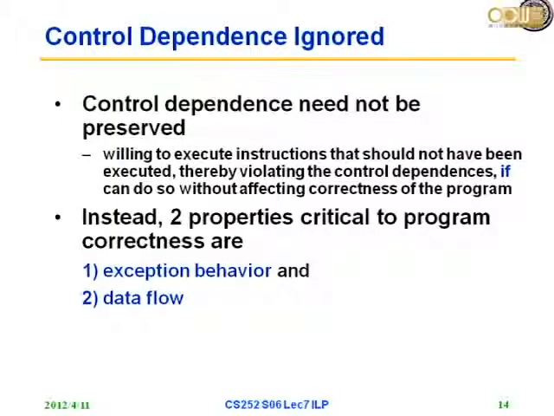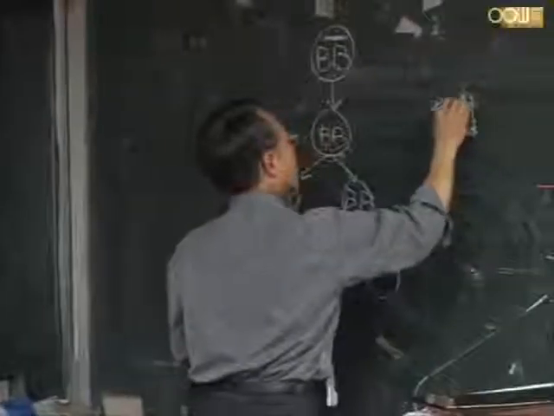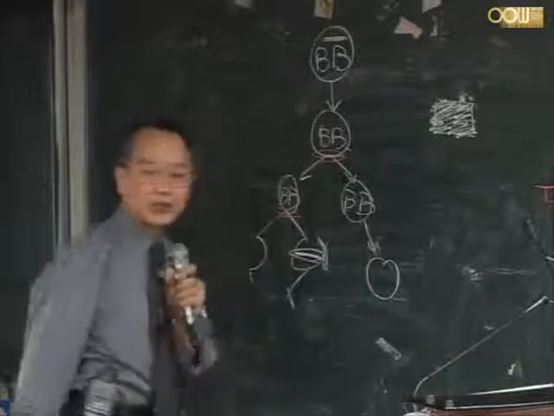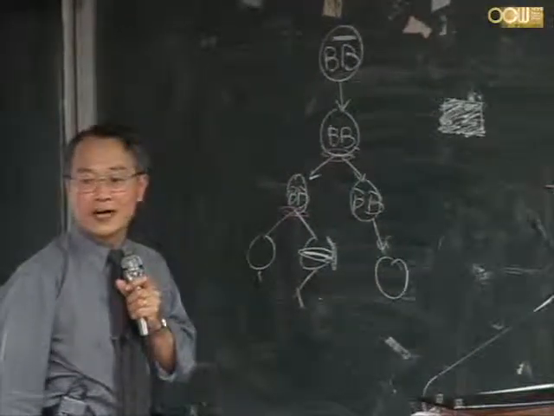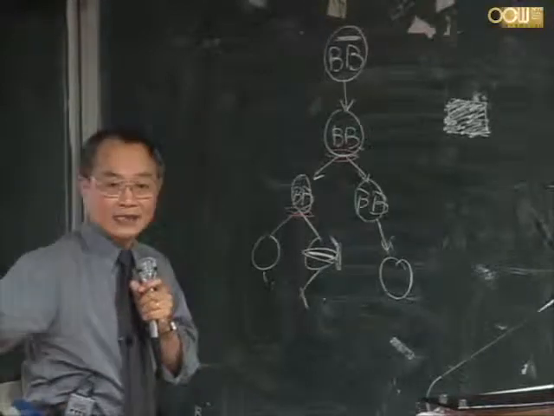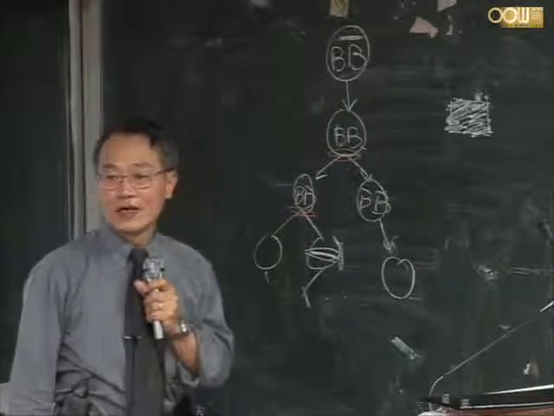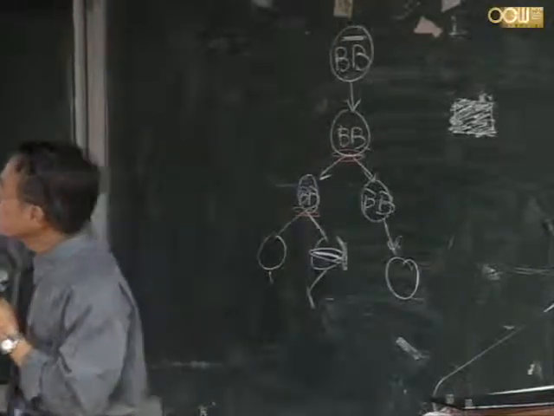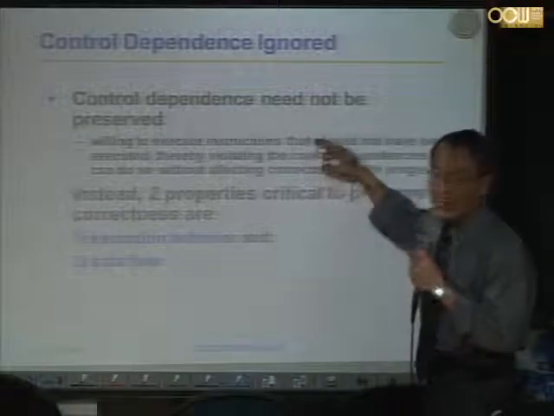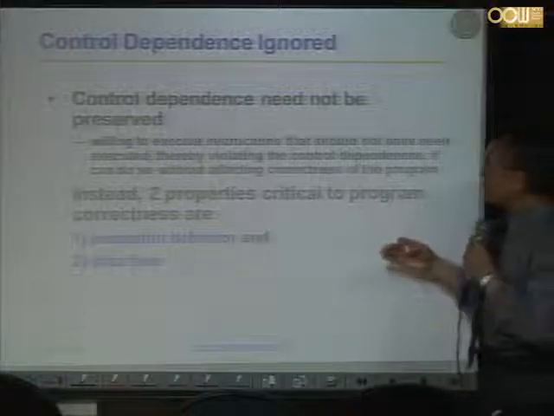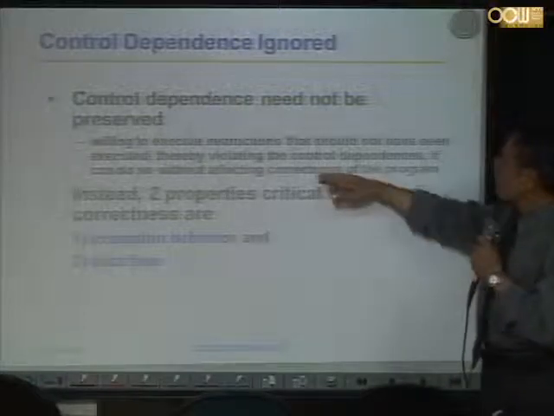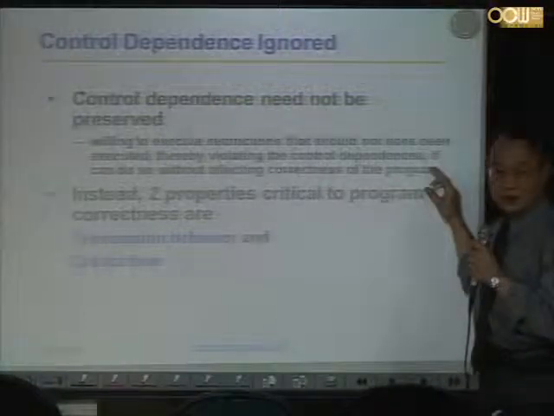Remember, our chip has ample, too much resources. Use them whenever you like. Be my guest. So you can do whatever you want in any order as long as you still have the ability to guarantee the correctness of your final result.